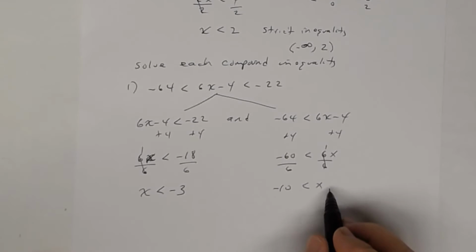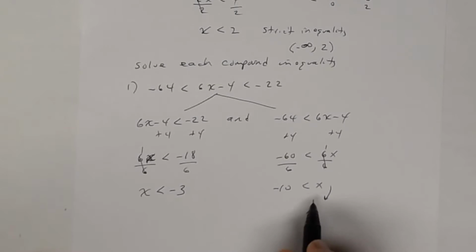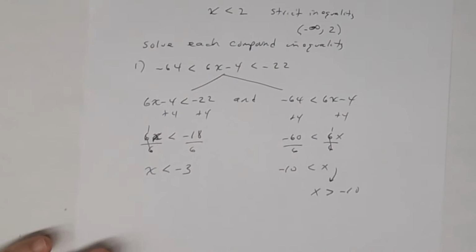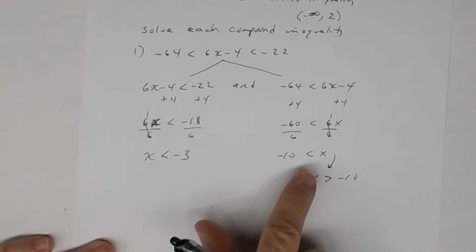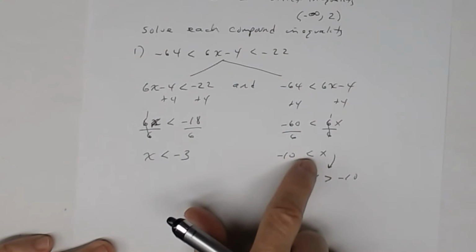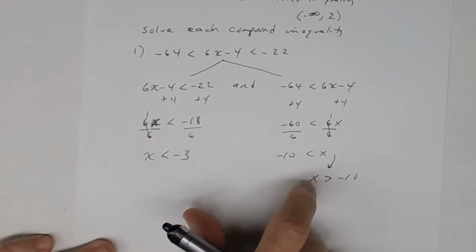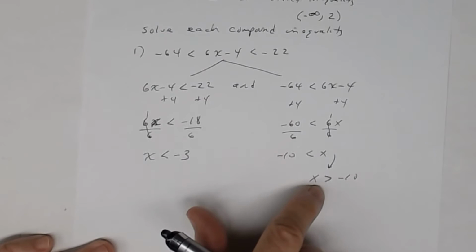Or if you want to rewrite it, you can say x. So if -10 is less than x, then x must be what? Greater than -10. Okay? So this right here means -10 is less than x, means x is greater than -10. So keep that in mind.